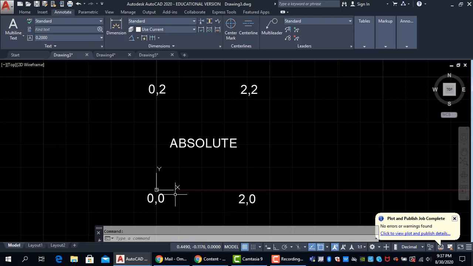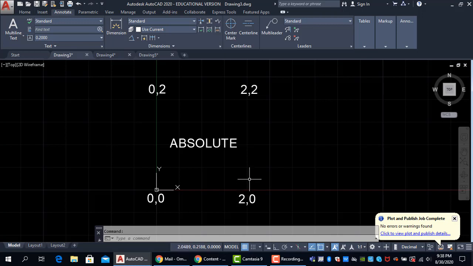Then we go 2 on X and 0 on Y, because we want the line to go straight, not up. So on X it's going to go 2 units, and on Y it's going to stay at 0. So it's going to find this point right there.